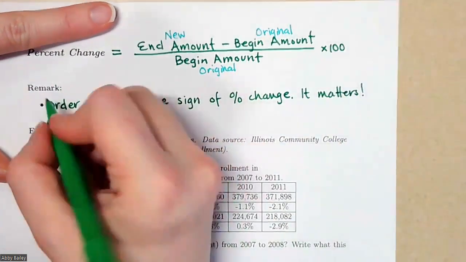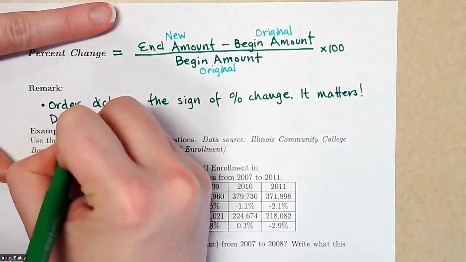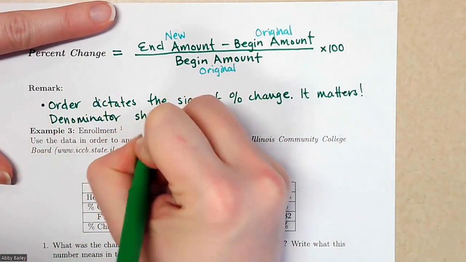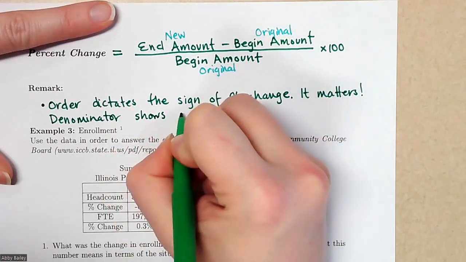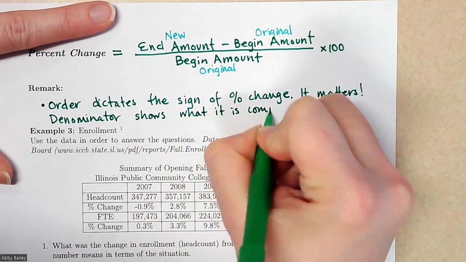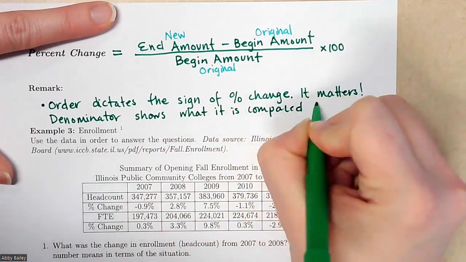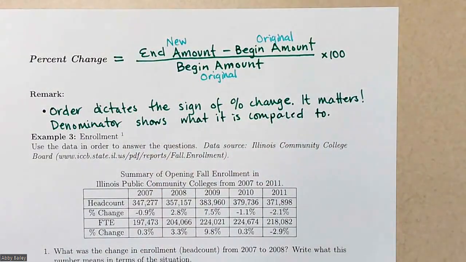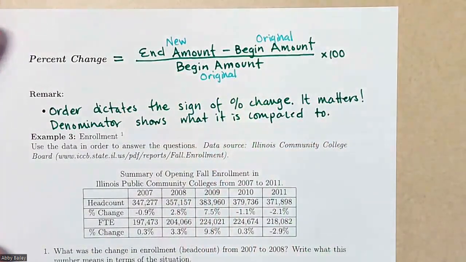Okay, and the denominator shows what it is compared to in the ratio out of the begin amount. So that means we're comparing it to the original.